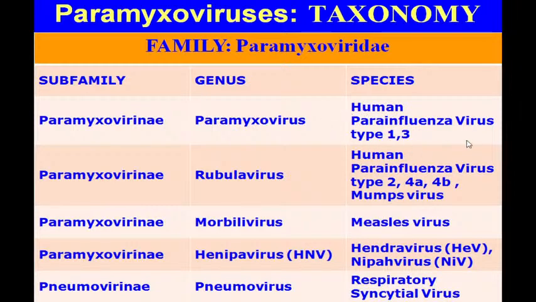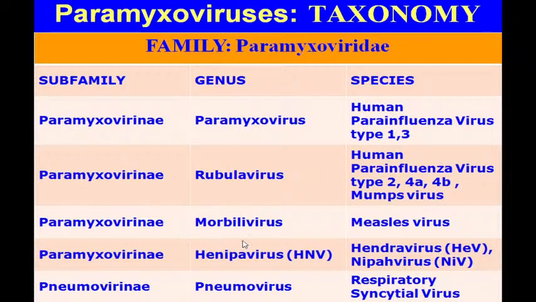In the first subfamily, we may distinguish the genus Respirovirus with parainfluenza viruses, serotypes 1 and 3. Then we have the second group, Rubulavirus, where we have mumps virus, well known, the causative agent of infectious parotitis, and parainfluenza of different serotypes from the previous genus.